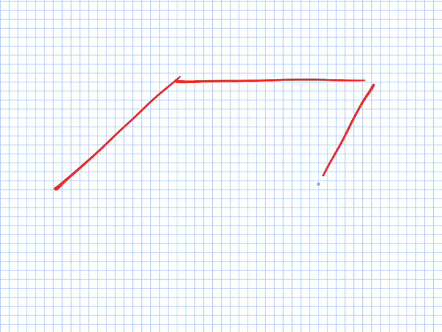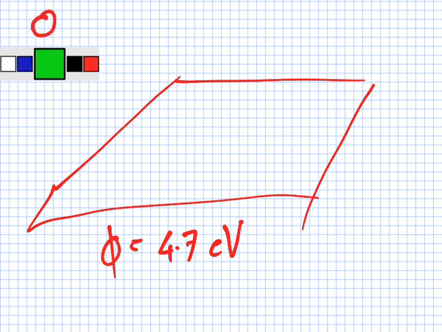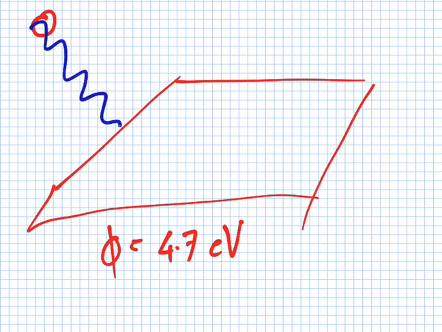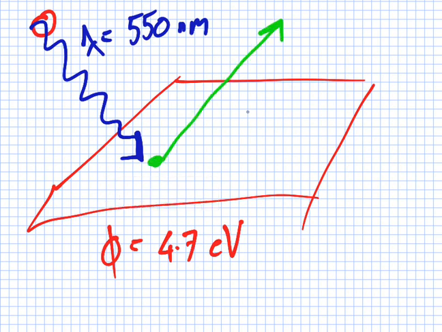Here's my metal. What did I say the work function is? Electron volts. And then here comes my photon. And what is the wavelength here? 550 nanometers. And then this hits the electron, and the electron is freed. Off it goes with a velocity of v.